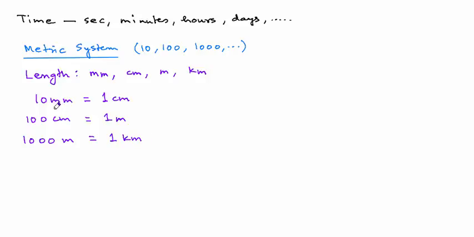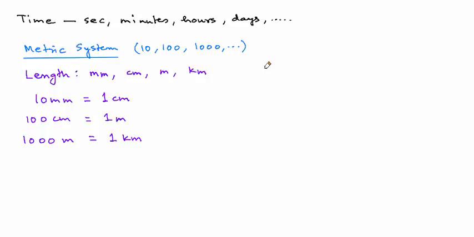So if you want to find out the number of millimeters in 1 meter, you need to multiply that number with 10 and then again with 100 to get the number of meters. Similarly, if you want to change a certain number of meters to millimeters, you need to do a division with 100 and then again with 10, which is the same as dividing the number of meters with 1000 to get to the number of millimeters.